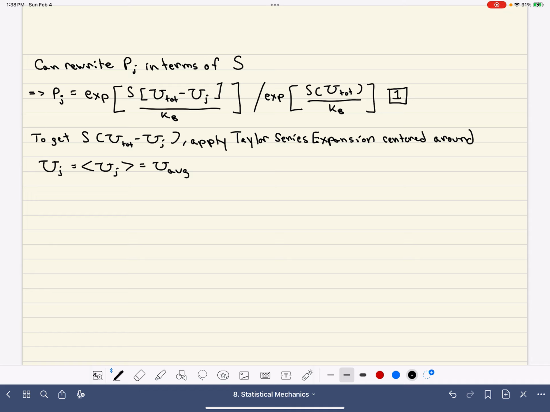That means that the entropy here can be approximated by this Taylor series expansion, where we would write it like this.